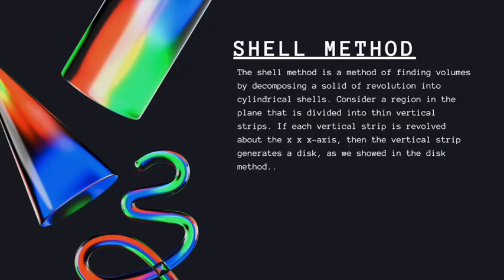The shell method is a method of finding volumes by decomposing a solid of revolution into cylindrical shells. Consider a region in the plane that is divided into thin vertical strips. If each vertical strip is revolved about the x-axis, then the vertical strip generates a disk, as we showed in the disk method.